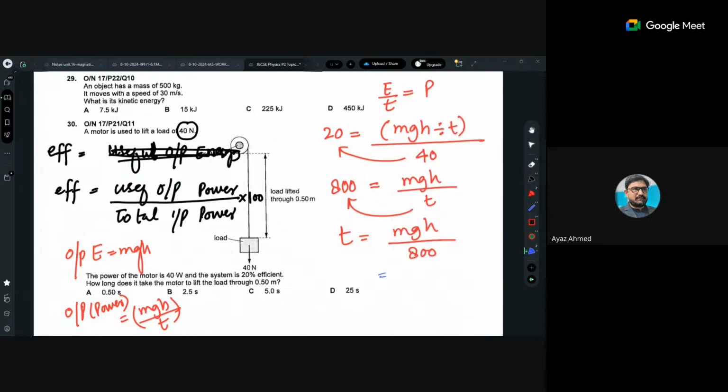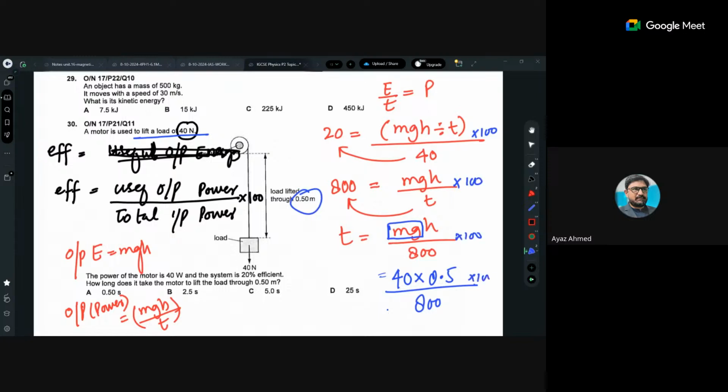Are you there? Oh, yes, sir. My mic was muted. m and g together, this weight is collectively 40. Height is how much? 0.5 meter. Divided by 800. So this is basically efficiency, so I have to multiply every step by 100.